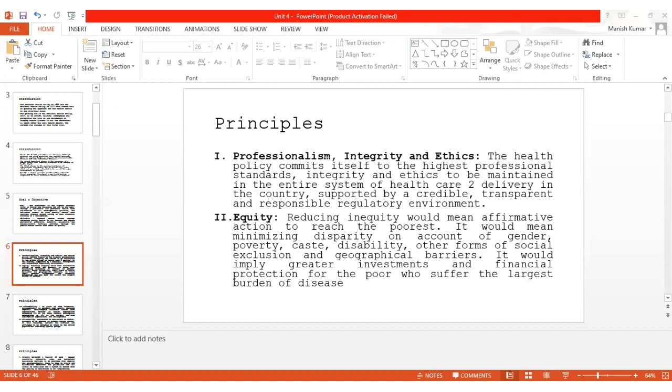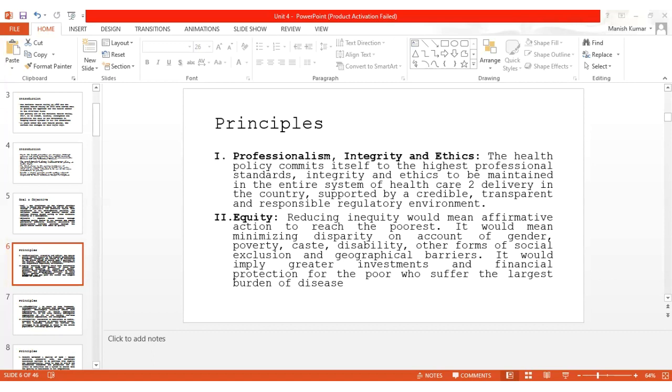So the first principle, professionalism, integrity, and ethics, says that this health policy commits itself to the highest professional standard, integrity, and ethics to be maintained at the healthcare delivery point or health facility by the service provider.